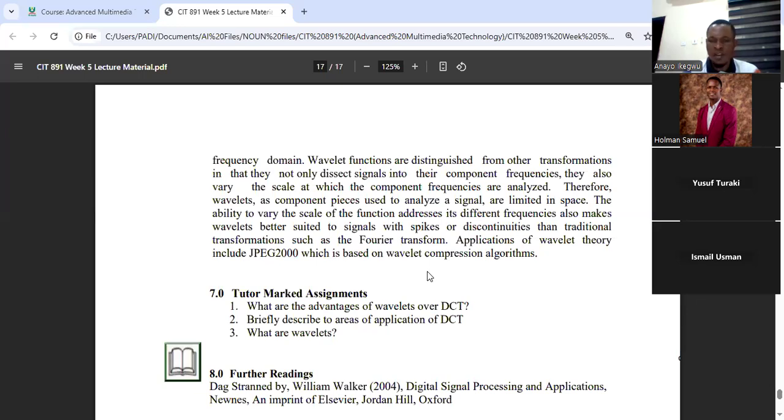And an application of this wavelength theory includes JPEG, Joint Photographic Expert Group 2000, which is based on the wavelength compression algorithms. This is a standard. Then we have ISO standards. It has been confirmed.